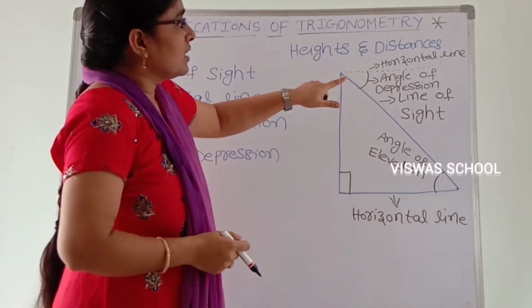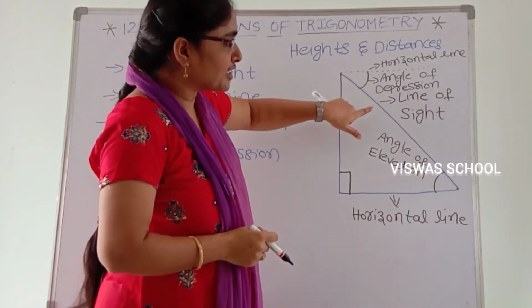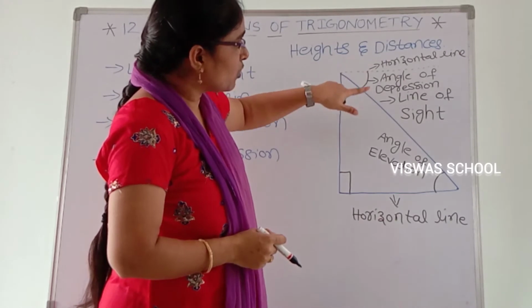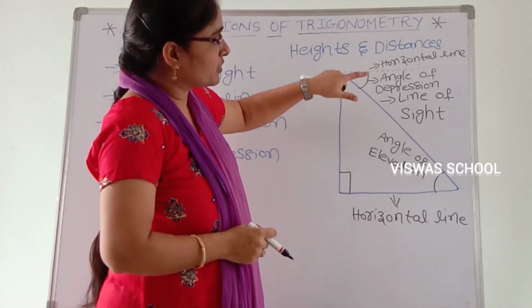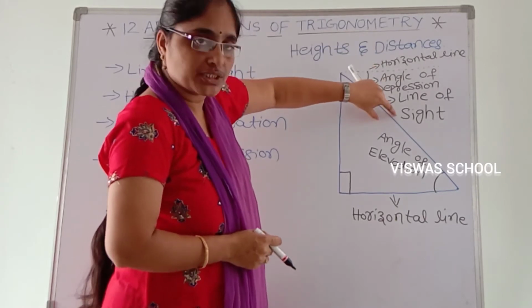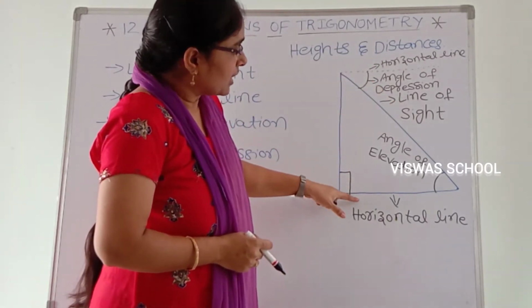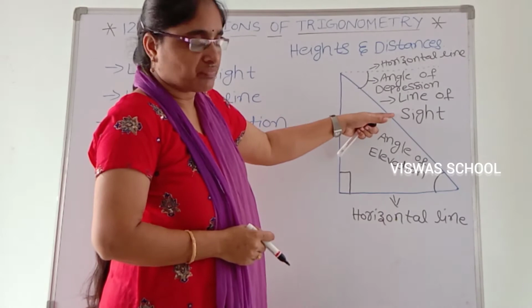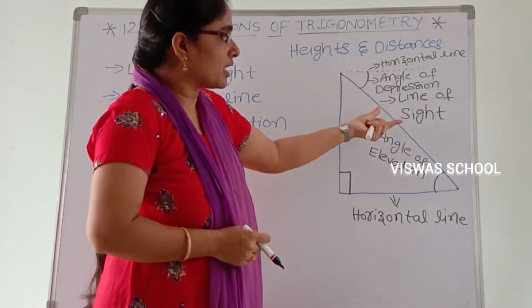In this case, the line of sight is below the horizontal line, whereas in the earlier case the line of sight is above the horizontal line.